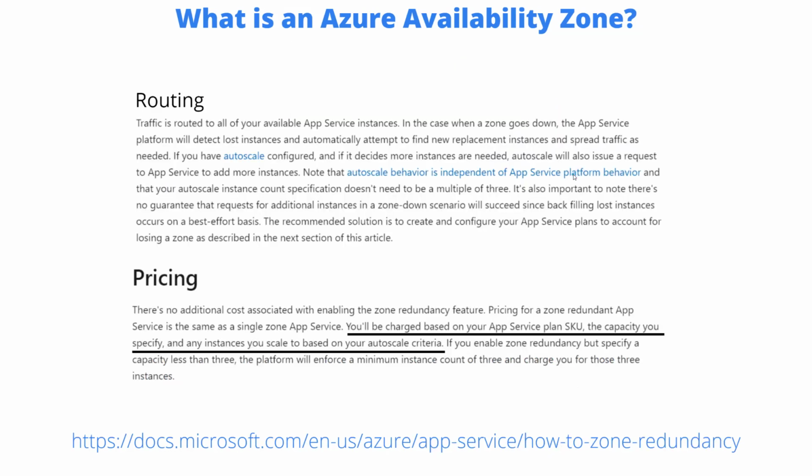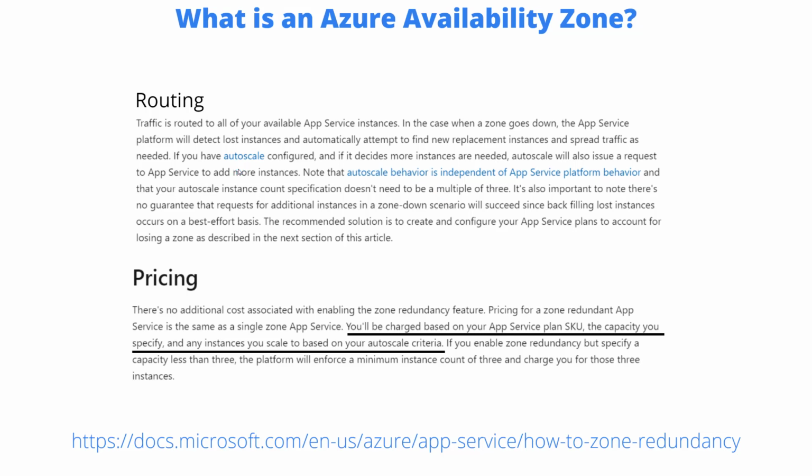Now, if we think about routing, because this was something I was curious about when I was looking into this, traffic is routed to all of your available app service instances. When we're talking about Logic Apps, we are essentially providing an app service plan, and we are deploying our instances into app service itself. As you can see here in the docs, when a zone goes down, the app service platform will detect the lost instances and automatically attempt to find new replacement instances and spread traffic as needed.